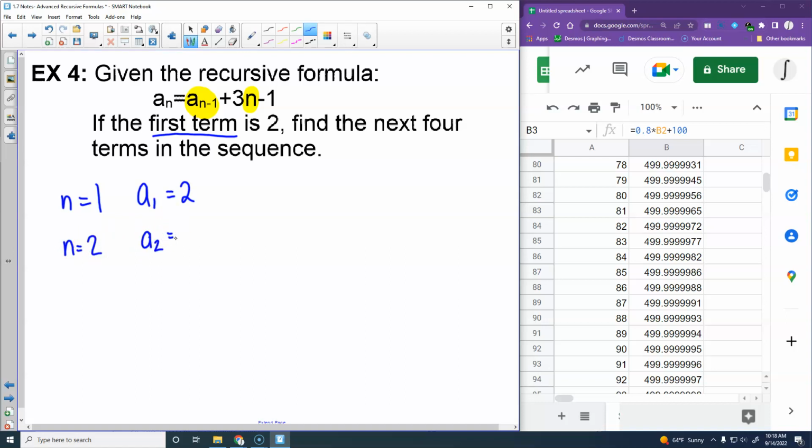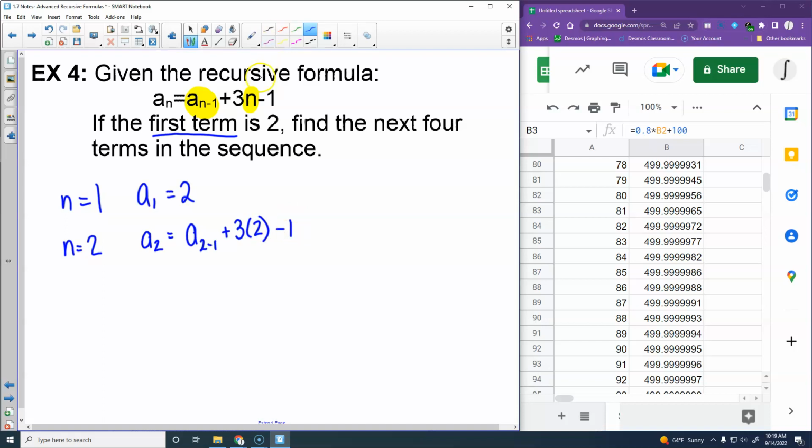So for the first 1 or 2, I'm going to go overboard on explaining how this works. And you're going to see a pattern where you don't have to show all of this work each time. So this formula right here is a sub n minus 1 plus 3 times n minus 1. So if my n is 2, it means that I replace all of my n's with 2's, right? So that will be a sub 2 minus 1 plus 3 times 2 minus 1.